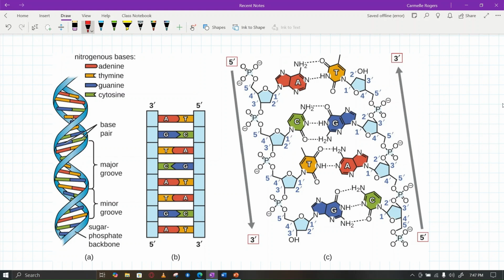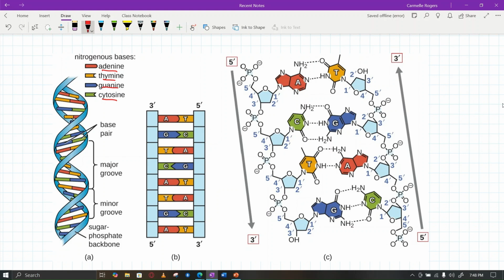Now, with DNA, we know that there are bases, and the bases here are adenine, thymine, guanine, and cytosine. The bases are going to be at the middle of the DNA ladder, whereas the ribbons on the outside represent the phosphate and sugar backbone.